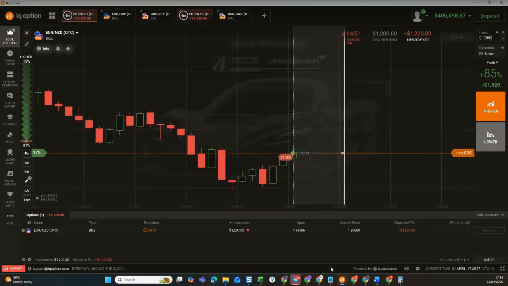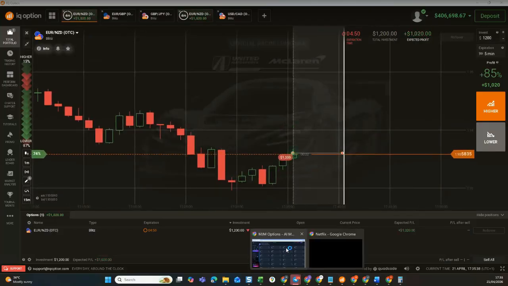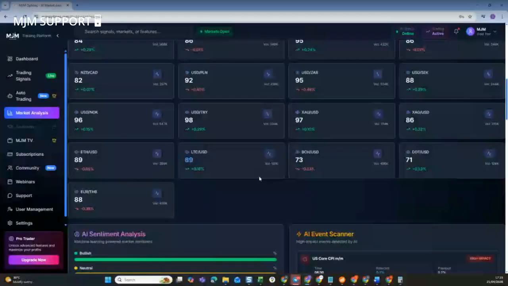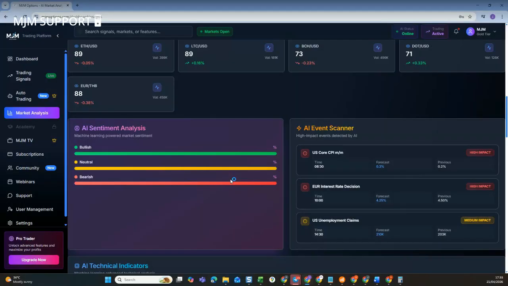So let's go to the next thing to talk about, which is the market analysis. Market analysis here talks about the three types of analysis the AI uses to give you an informed signal. The very first one is AI sentiment analysis. This talks about the ability of the AI to read and study market sentiment, and it uses that to give you informed signals.